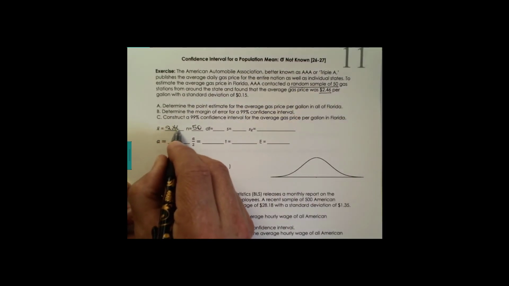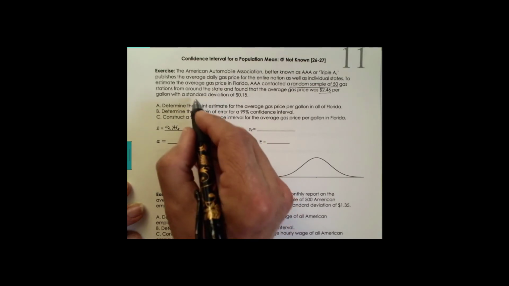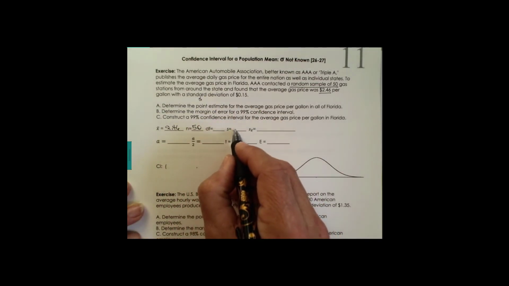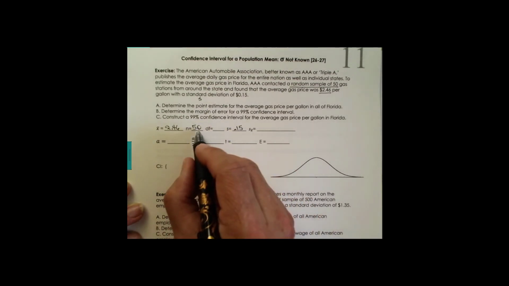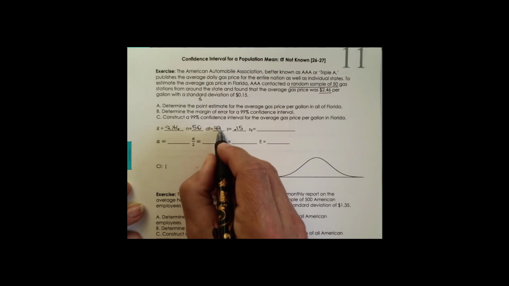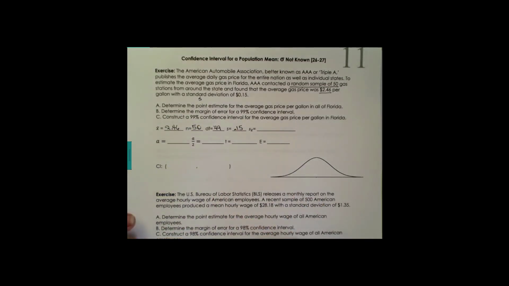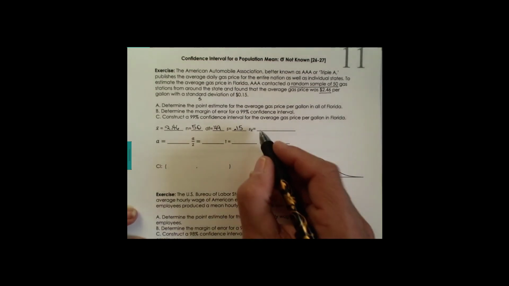That's the sample mean, isn't it? And there's a sample standard deviation, right? Because it was taken from the sample, of 15 cents. I'll say 0.15. Now, 50, so the degrees of freedom has to be 1 less, it's 49. And from there on, I can go forward and create my curve and create my confidence interval, can't I?